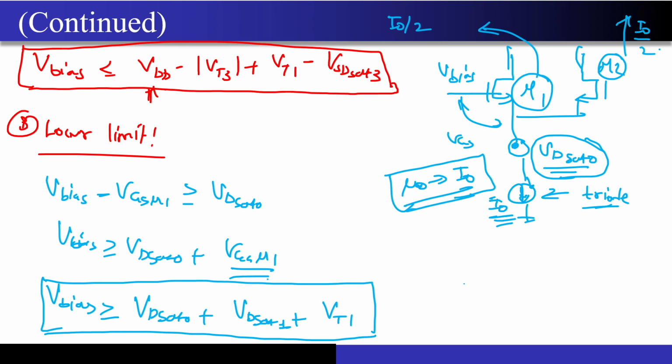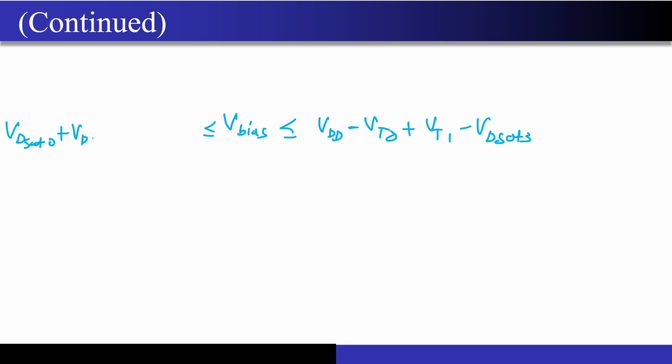So now the final bound on the V bias: the upper bound was VDD minus VT3 plus VT1 minus VDSAT3. And on the lower bound, I have the VDSAT of the tail current source plus VDSAT of M1 plus threshold voltage of M1.